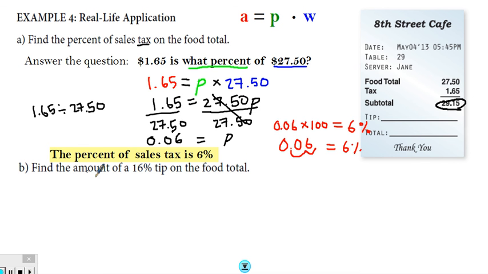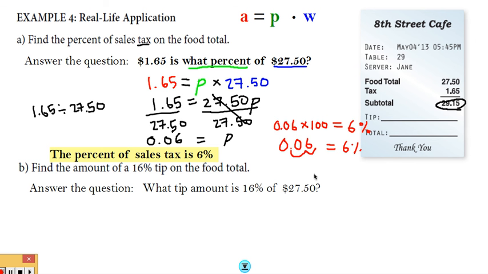So if I change this to another question, it will be: what tip amount is 16% of $27.50? Basically, if you're giving 16% tip from $27.50, then how much would it be?